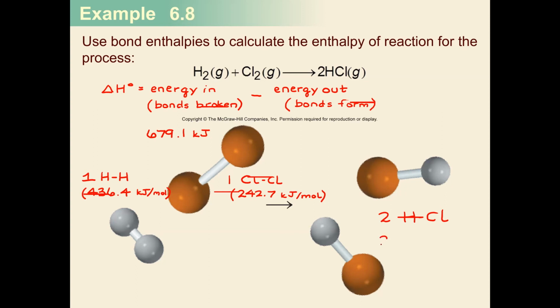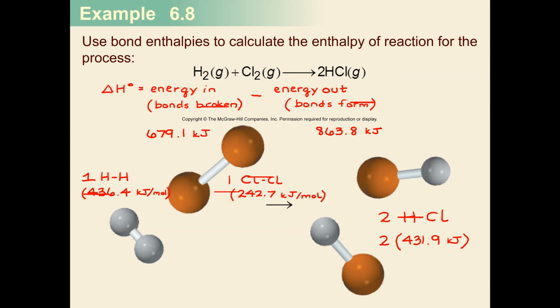So if I do that, I can get 2 times my HCl value will be 431.9 kilojoules. So if I do that, my energy out is going to be 863.8 kilojoules.